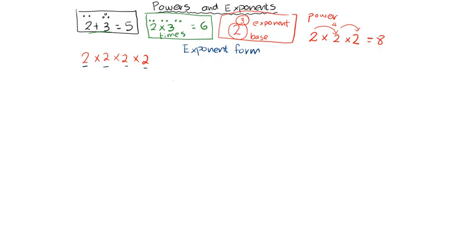The numbers that are multiplied are called the factors. So what are the factors? The factor is 2 that is being multiplied, and how many times is it being multiplied? 1, 2, 3, 4 times. So we know the exponent is 4, and that's how you would write it in exponent form.